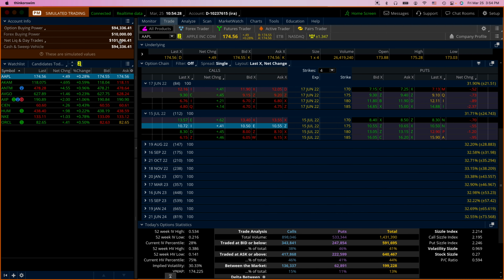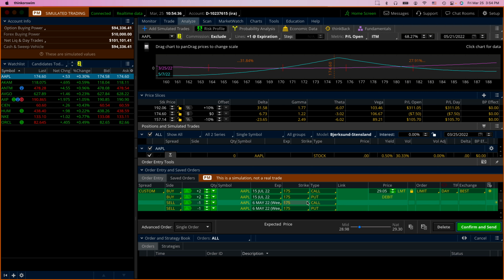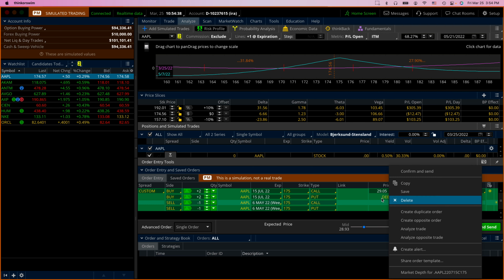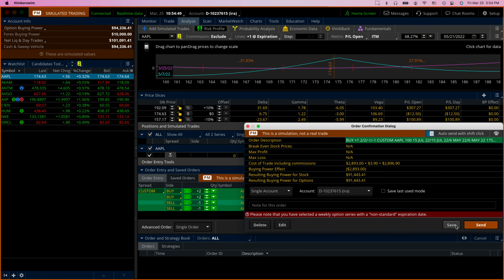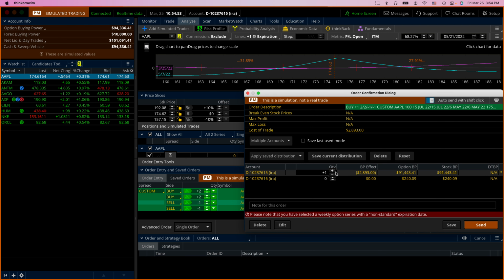My account is 100,000, 101,000, so I can put this trade up to $9,000. When I create this trade, let's unlock it. We are going at the mid price, create duplicate, confirm and send, and then I said multiple so that I can count here.